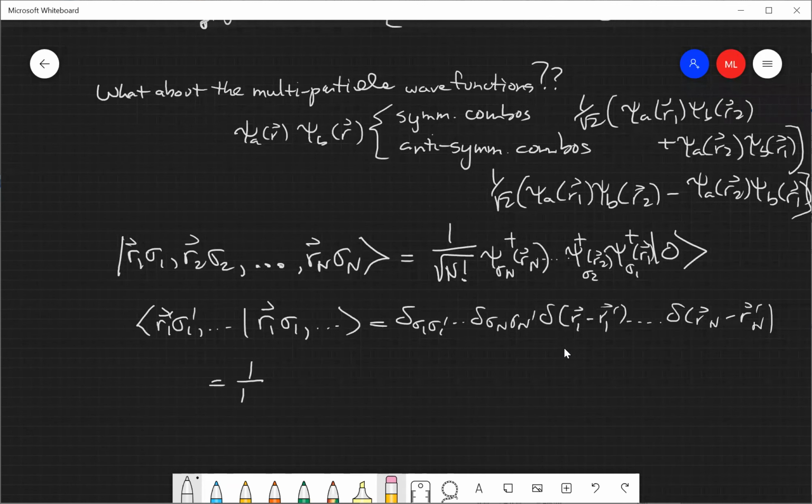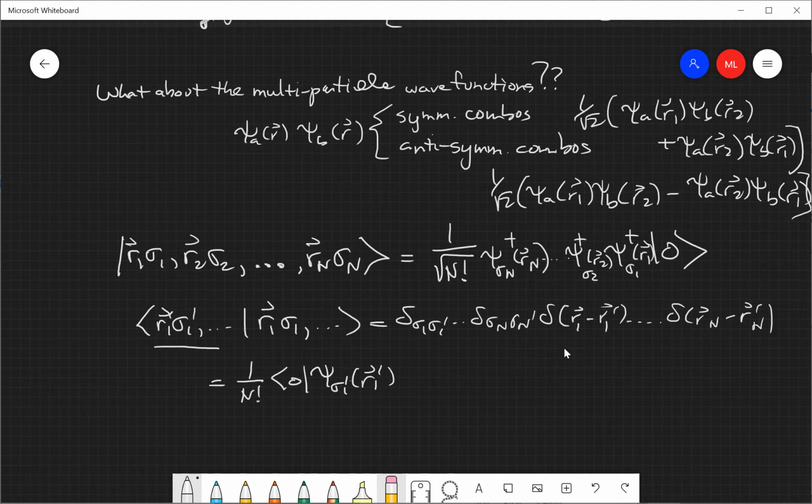This is going to be 1 over n factorial, times the vacuum expectation value of annihilation operators, sigma 1, R1, and these are primed now.